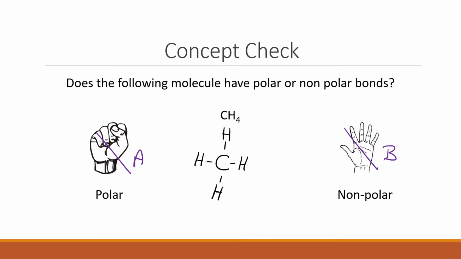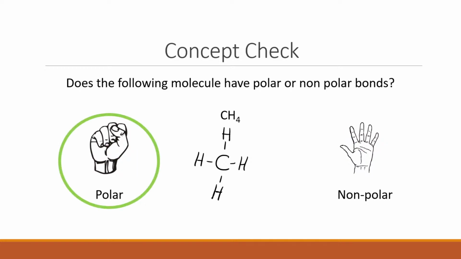Here again, we have a molecule that contains polar bonds. C connected to H is two different elements connected together. The only time bonds are nonpolar is if it is the same element on either side of the bond. Here you have four different bonds, each connecting a C to an H, two different things. So these are polar bonds.